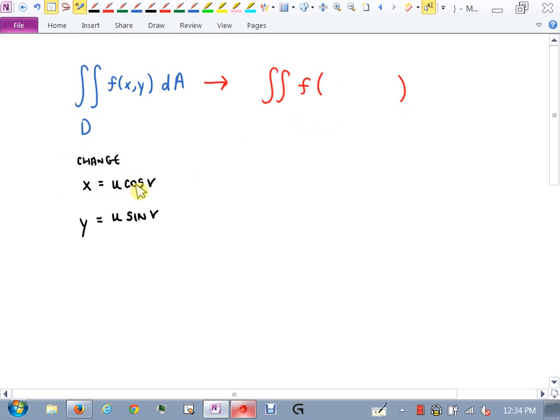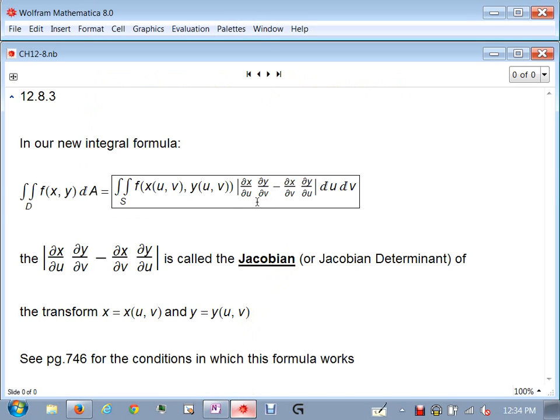See, x is a function of u and v, so that'll go here: u cosine v, comma, u sine v. That's my function of y, right? y is a function of u and v. So that's just like me putting r cosine theta, r sine theta. Then I need to come up with the Jacobian determinant. That's the next piece, the Jacobian determinant.